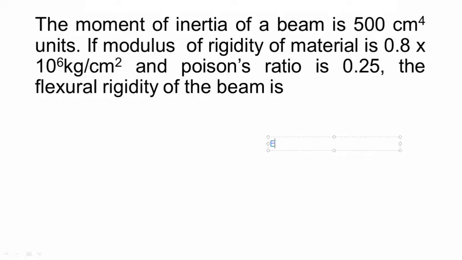So I value is 500, unit is in centimeter raised to 4. E value is given as 0.8 into 10 raised to 6, multiplied by I value 500. So there is uniformity or consistency in the units.